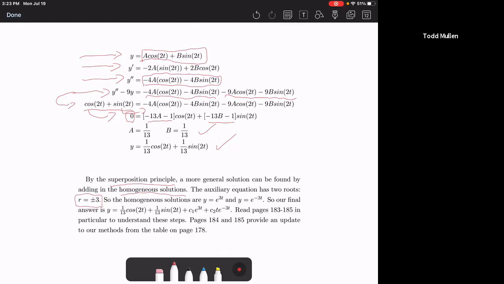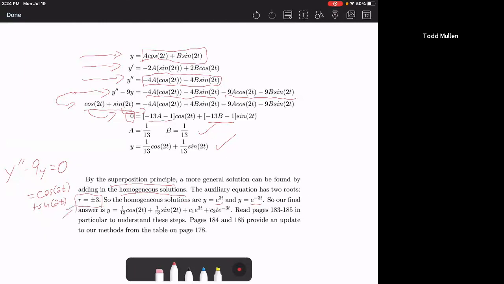The homogeneous solutions, remember, would be if we looked at y double prime minus 9y is equal to 0, and then we combined it with y double prime minus 9y is equal to cos 2t plus sine 2t using our superposition principle. Well, the auxiliary equation has two roots, as stated, so the homogeneous solutions are y equals e to the 3t and y equals e to the negative 3t.